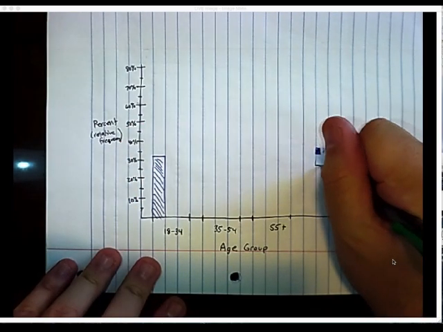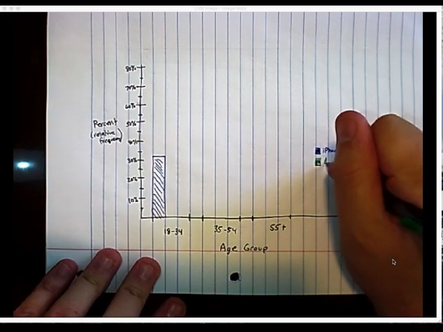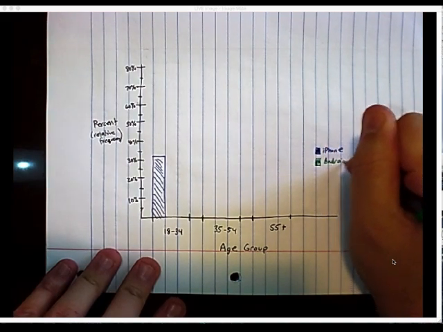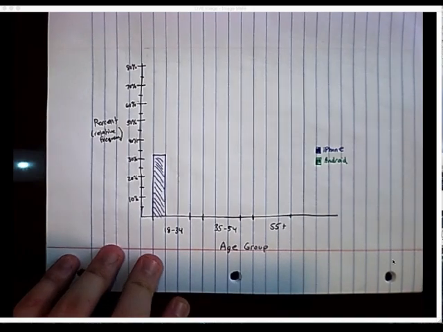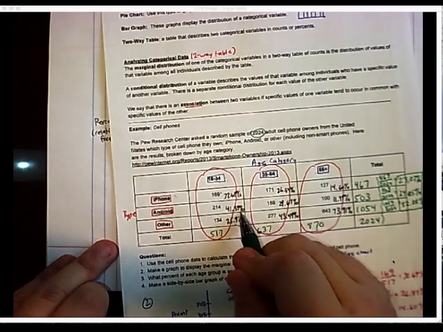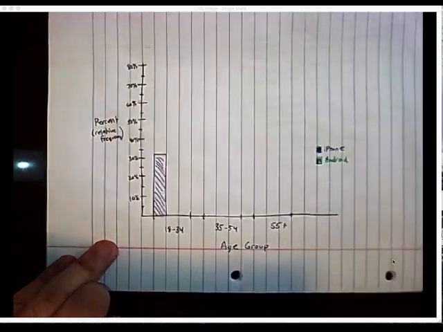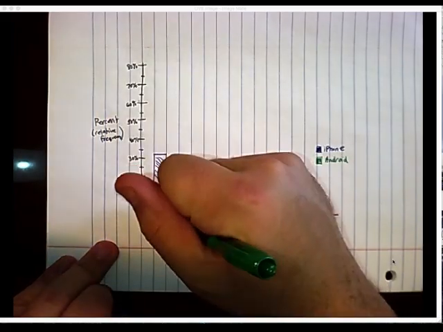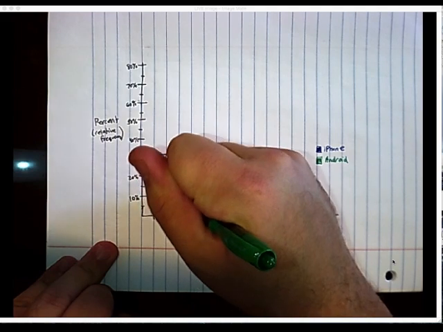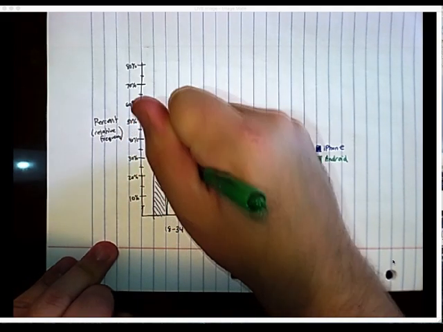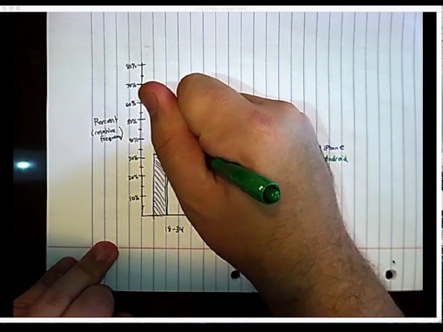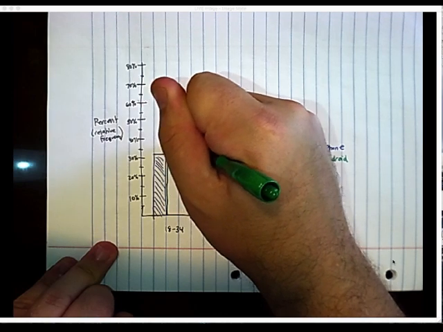Now in green, I'm going to make Android. Of the 18 to 34-year-olds, 41.39 use Android. So 41.39, that might be about right there.